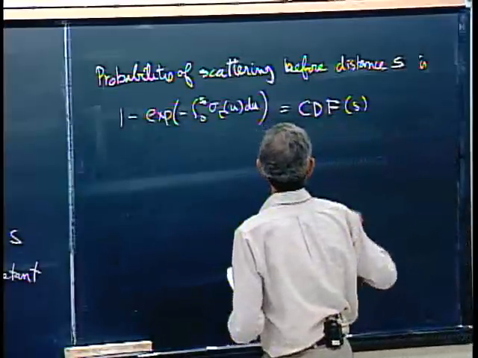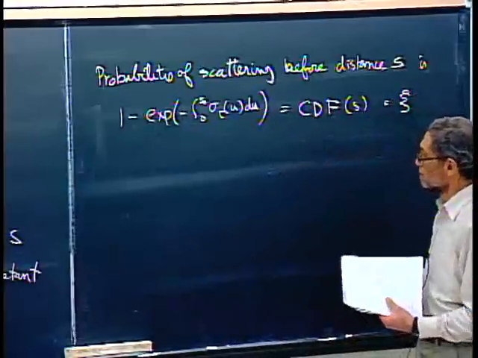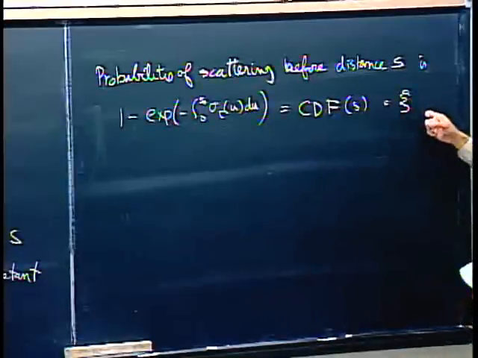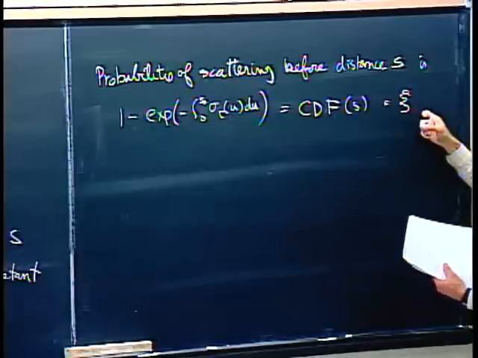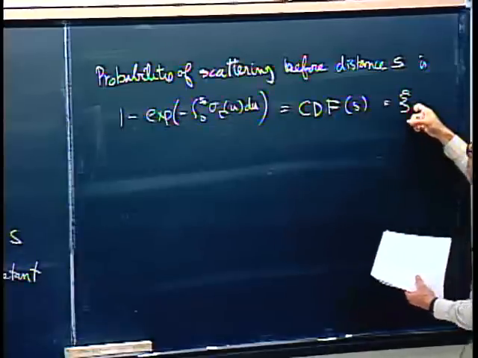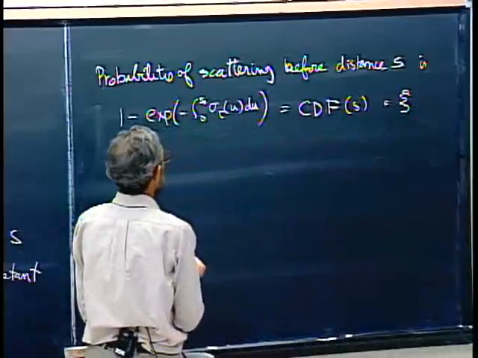And so you can set that equal to a random number xi, some random number between 0 and 1, and then solve for what this distance s is. So what is that going to say?